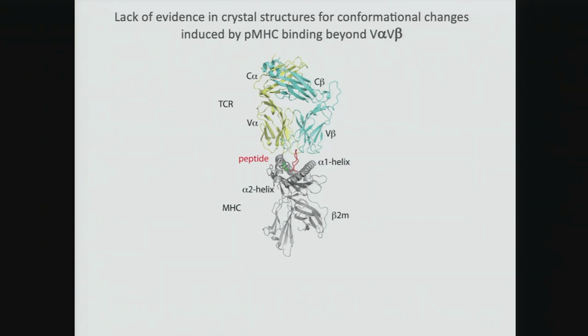In other words, whether there was any sense of transmission of conformational change to the constant region. So this is the primordial idea for a possible allosteric mechanism. And in reviews, people say, no, this is not possible, and so on.